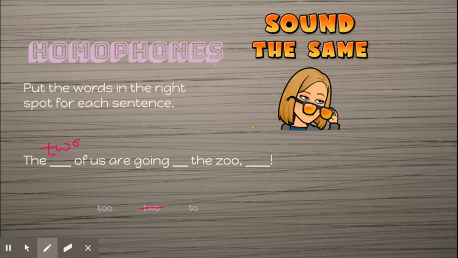The 2 of us are going to the zoo. Which 2 will go in there? You should have said T-O. To the zoo, to. T-O-O means also. So the 2 of us are going to the zoo too, or the 2 of us are going to the zoo also. That is the correct way to use the homophones too.